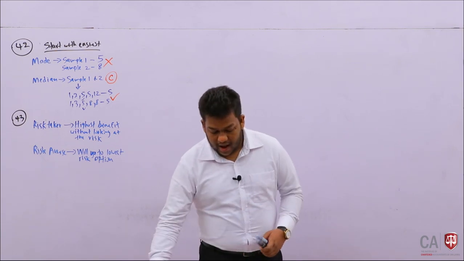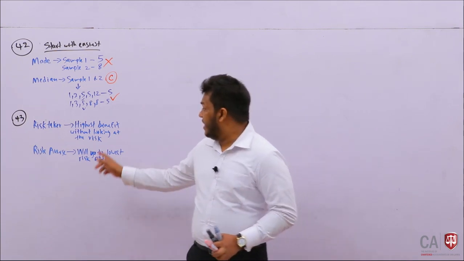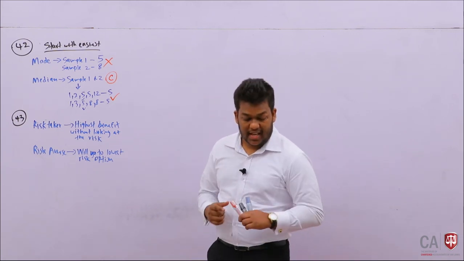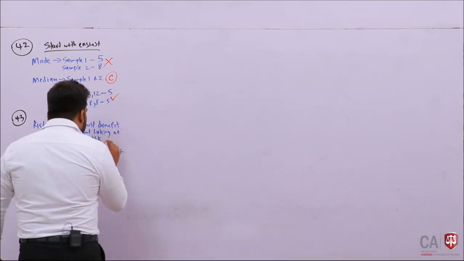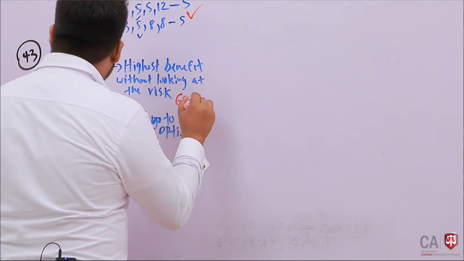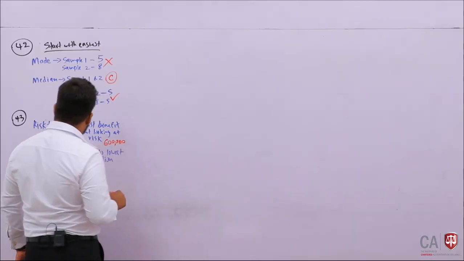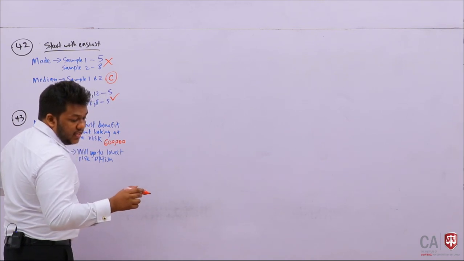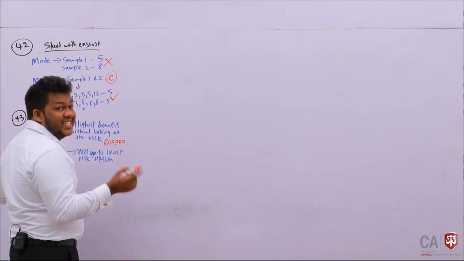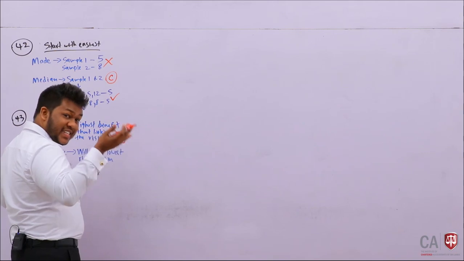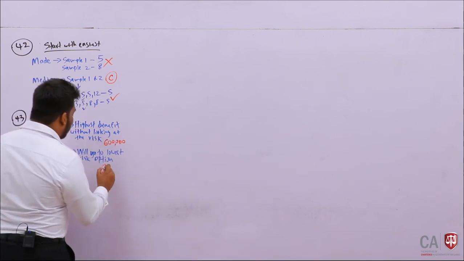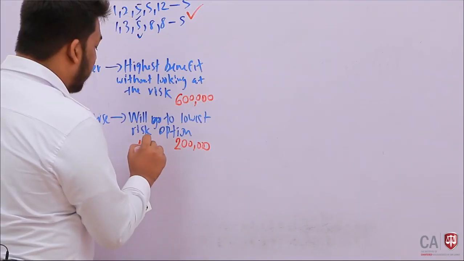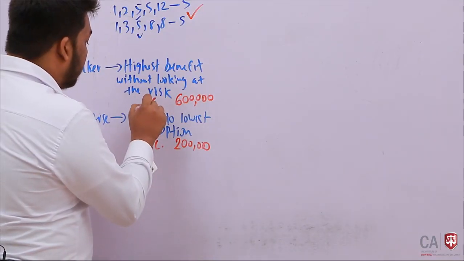So in this case, highest benefit is which one? Best case is 600,000. So that is where the risk taker will go. Risk averse will go, best case 200, worst case higher. Worst case higher is how much? Worst case higher is 200. This is worst case. This is best case.